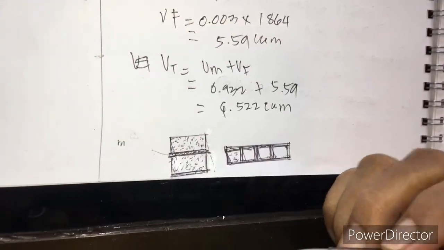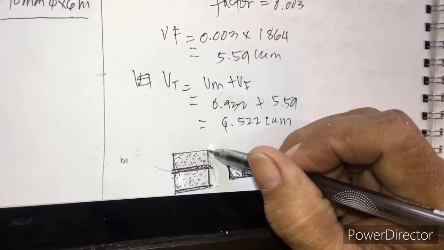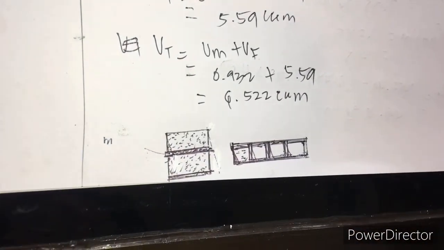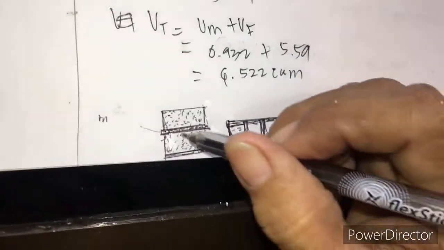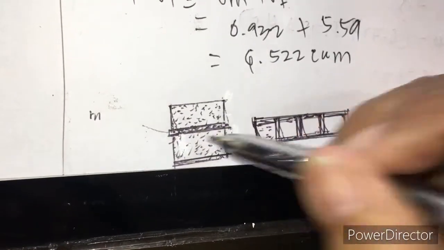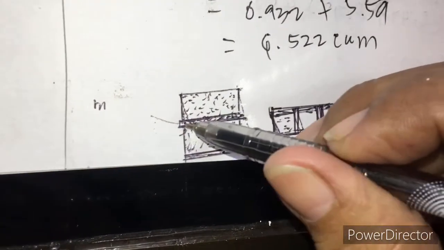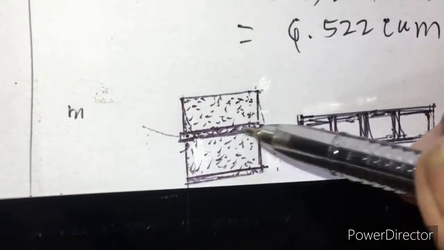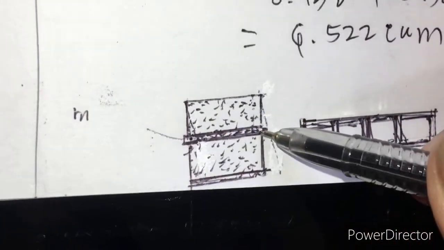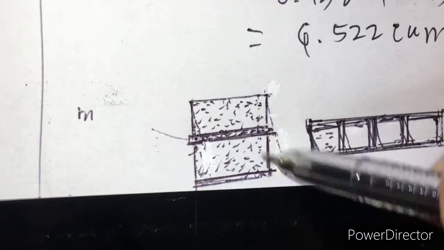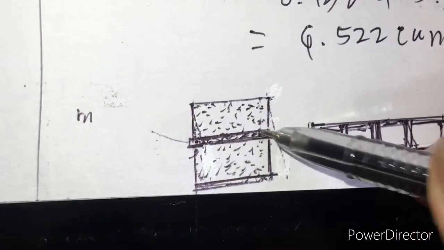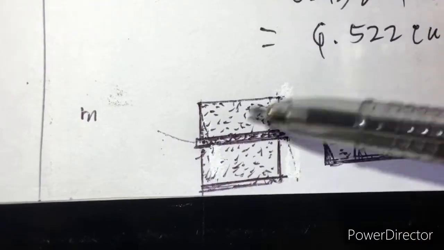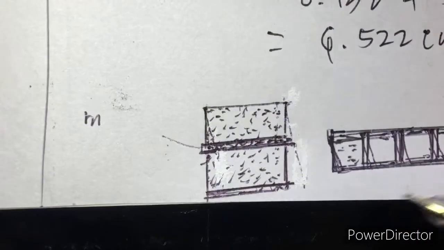And now I have a short explanation of the difference between the mortar and the filler. This is now the mortar. The mixture of cement between the hollow blocks: when you lay a hollow block, put a mixture of concrete here, then put another hollow block.